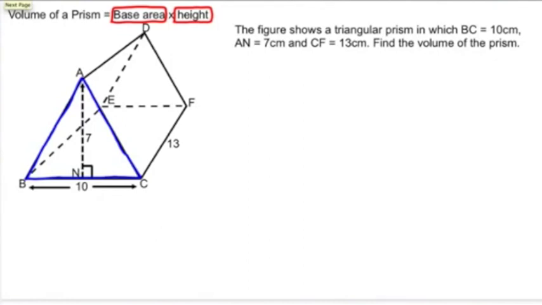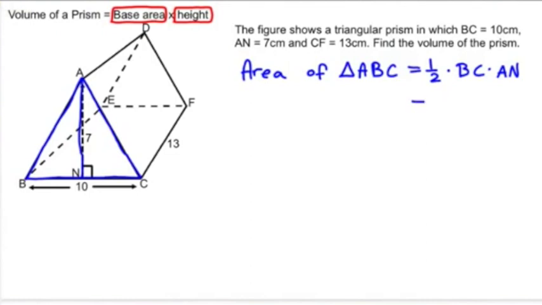So what I need to do is find the area of triangle ABC. And I can find that, if you remember, the area for a triangle is 1/2 base times height. So I have 1/2 times BC times the height AN.